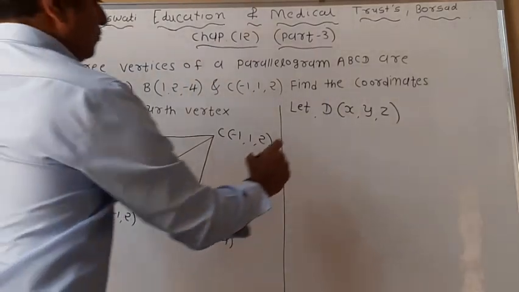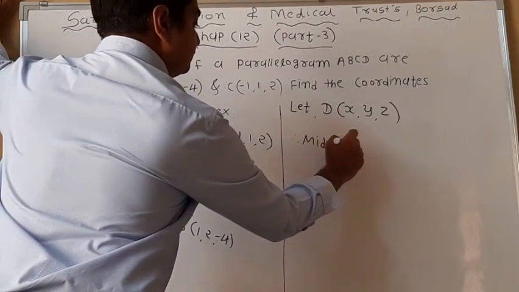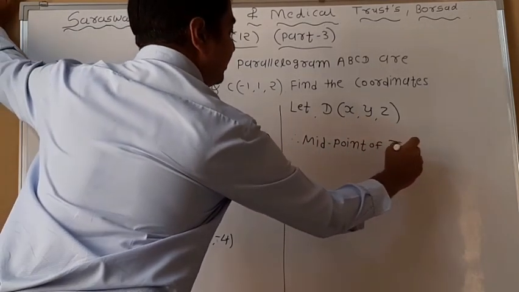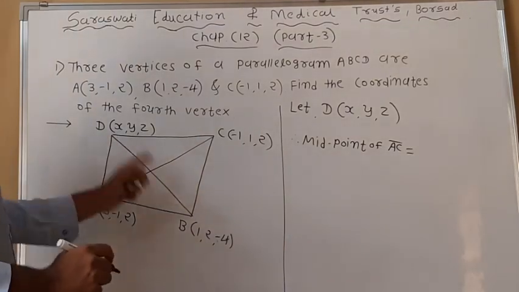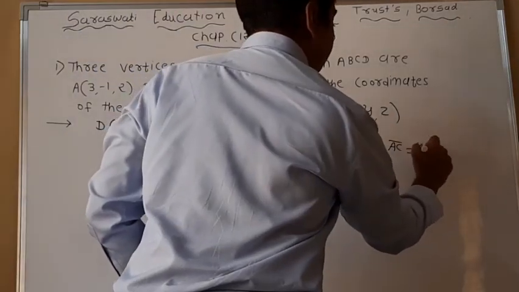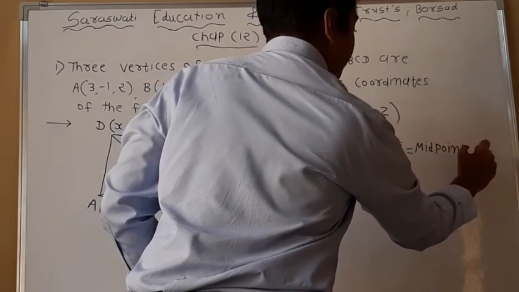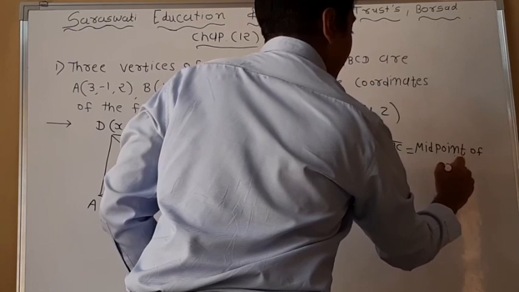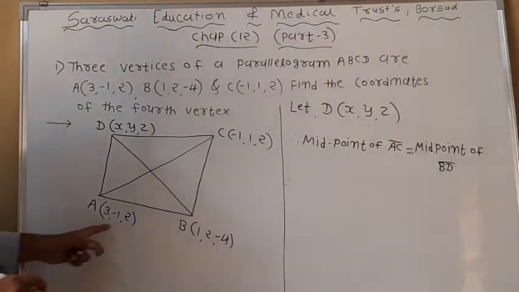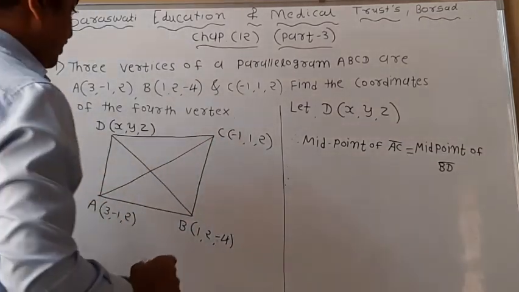Now therefore the midpoint of line segment AC is equal to the midpoint of line segment BD. So for the midpoint of line segment AC, add both these numbers divided by 2.